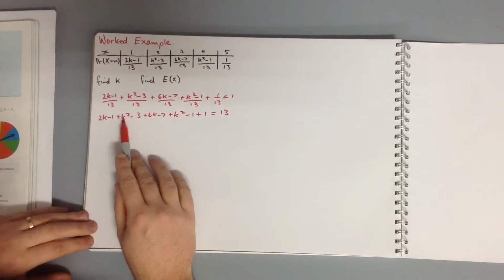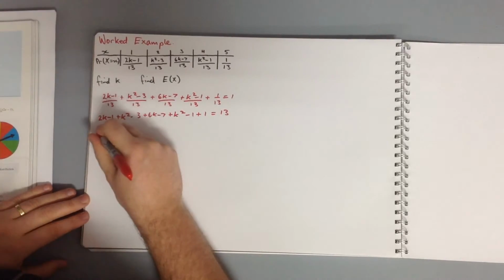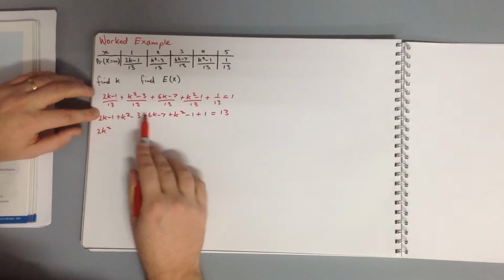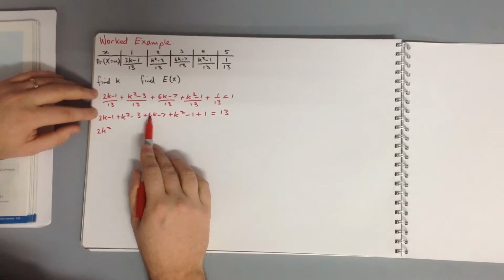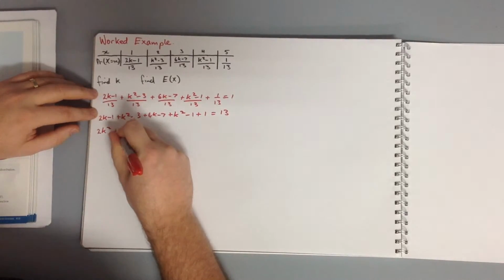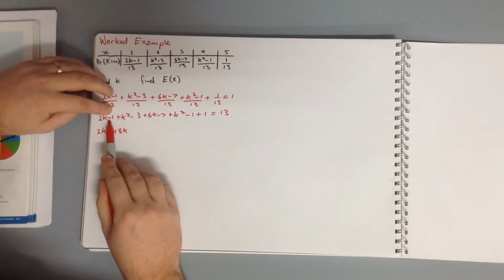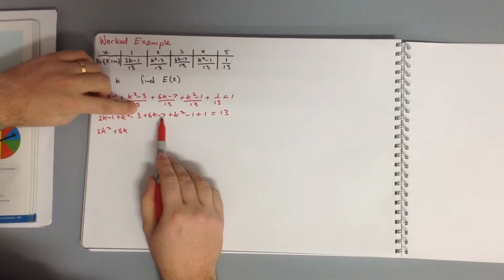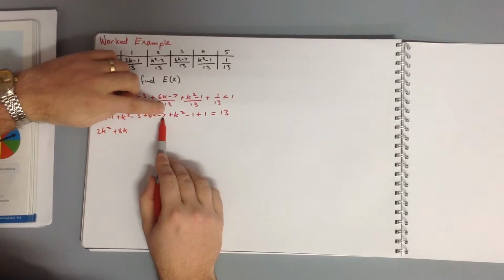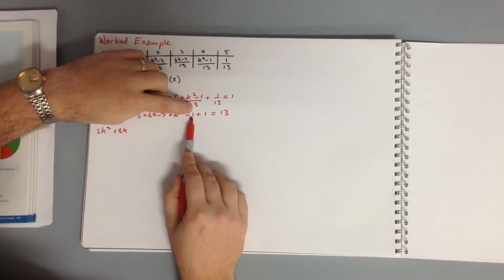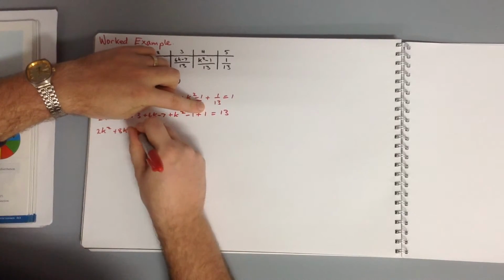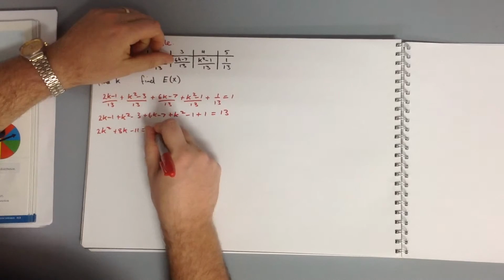We've got k squared plus k squared, that gives us 2k squared. Then we've got 2k plus 6k is 8k. We've got minus 1, minus 3 gives us minus 4, minus 7 gives us minus 11, minus 1 gives us minus 12, plus 1 gives us minus 11, equals 13.